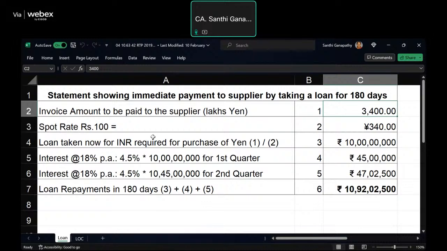you require? It is given that the interest is in quarterly rests. Therefore, how much is it? What is the loan repayment?